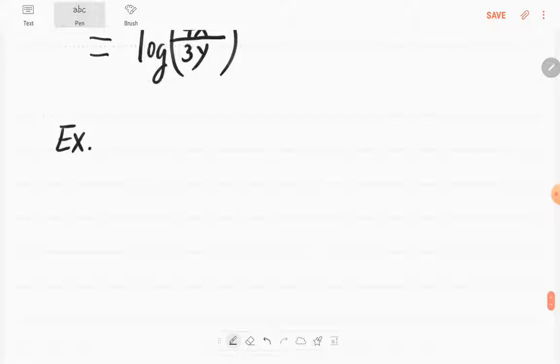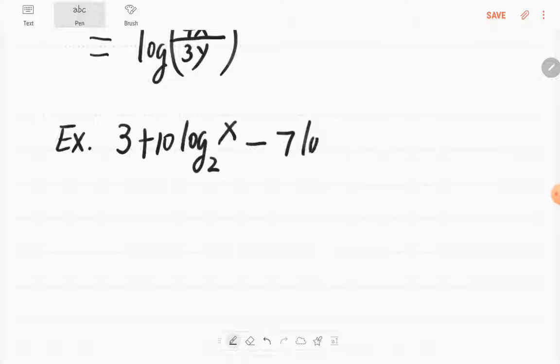So now let's look at the following one: 3 plus 10 log to the base 2 of x minus 7 times log to the base 2 of y minus 5 log to the base 2 of z.